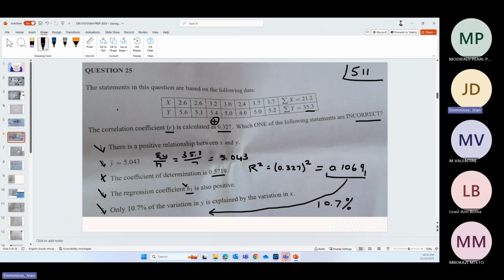They will not ask you with this information to work out what B1 is, because that will not happen, because that is unfair to you guys. But a question like this is extremely likely to be in your exam paper.